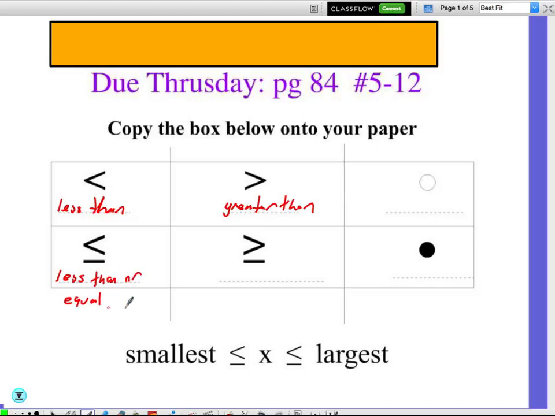That's what that line means, equal or equal to. So here we have greater than or equal to. Let me move that up. Less than or equal to.